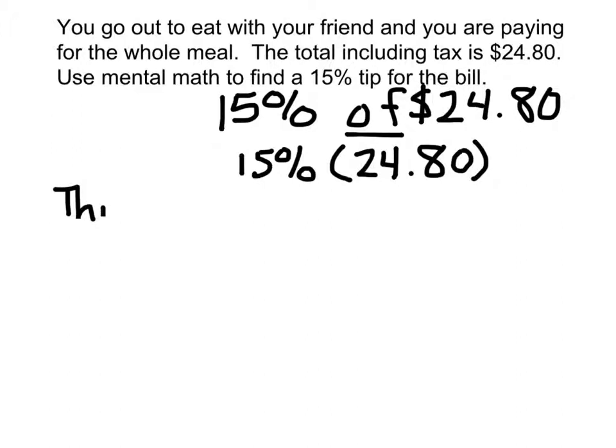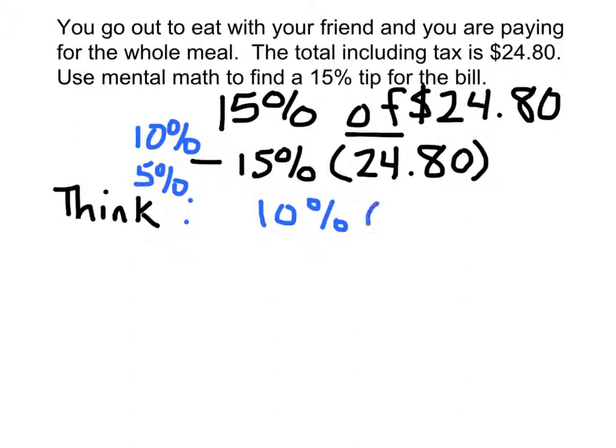First off, you're going to think of this 15% as really a 10% and a 5% put together. So in this problem, to start with, we're just going to find a 10% tip. So we're really going to find 10% of $24.80.